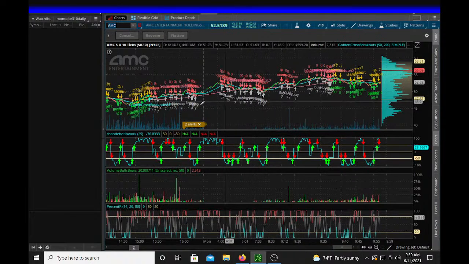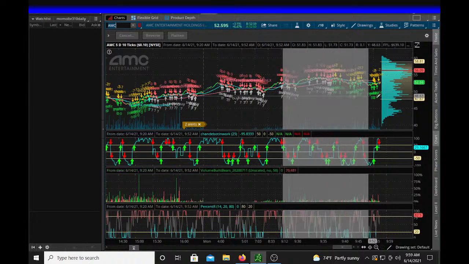The smart ones are going to try to trade one direction, then the other direction, looking for signals, whether it be this signal here or any of the other signals and bots.